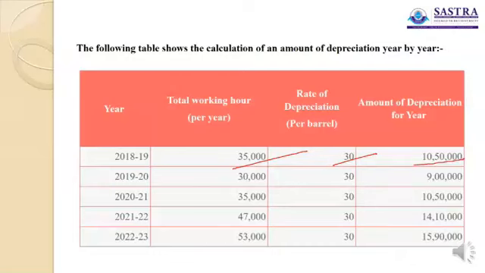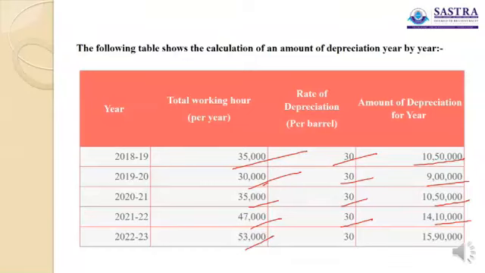Third year 35,000 into 30, 10 lakhs 50. Fourth year 47,000 was given and multiplied with 30, the rate of depreciation per barrel, and 14 lakhs 10. And at the end of the last year, 2022-23, expected 53,000 and depreciation per barrel 30, 15 lakhs 90,000.